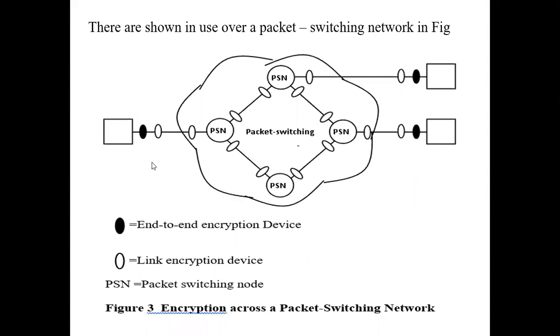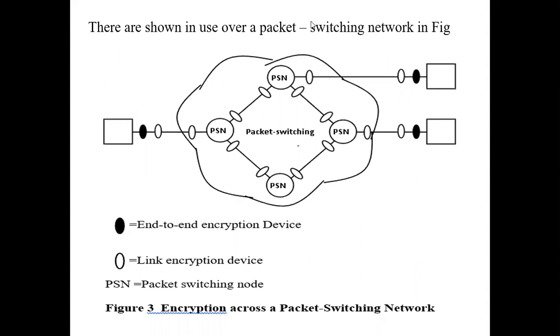The end to end encryption is performed at the endpoints, meaning at the source and destination side. Then you can observe the link encryption devices. These are in between the network.